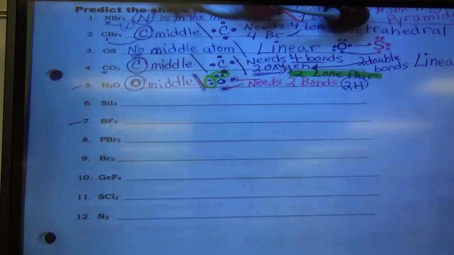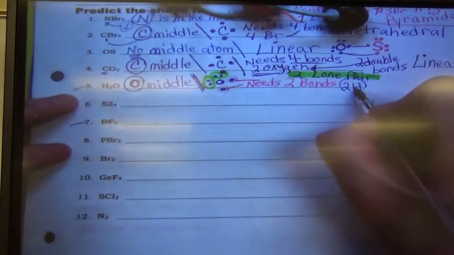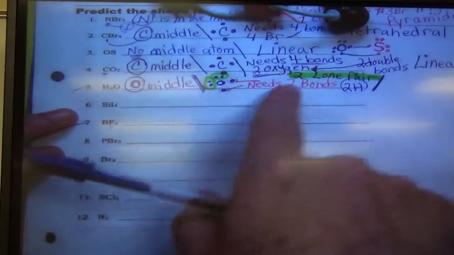Since I have 2 hydrogens and I need to make 2 bonds, it's going to be 2 single bonds. Does that make sense? 2 atoms, I need 2 bonds, 2 divided by 2, we're going to have single bonds. But look, I have those 2 lone pairs.